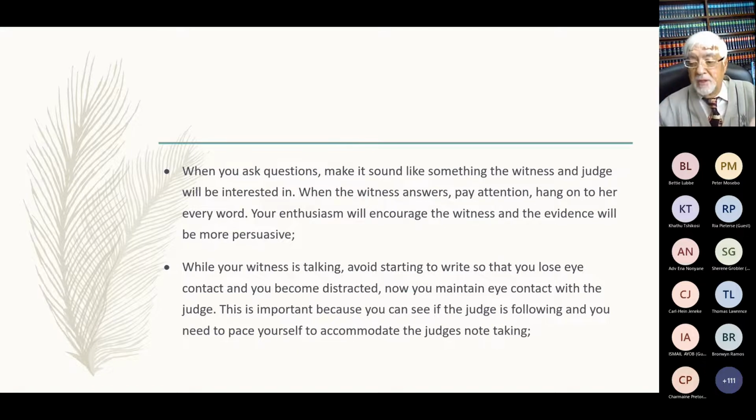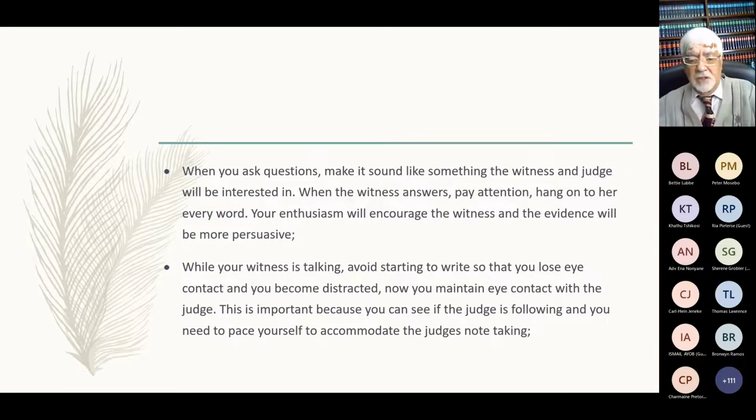When you finish with a witness, during a break or an adjournment, you fill in the main points that came out of the witness into your draft heads. You don't have to sit and make notes while the witness is testifying. That's a complete distraction, and you lose eye contact with the judge. It is important for you to see if the judge is following the evidence, because you have to pace yourself.